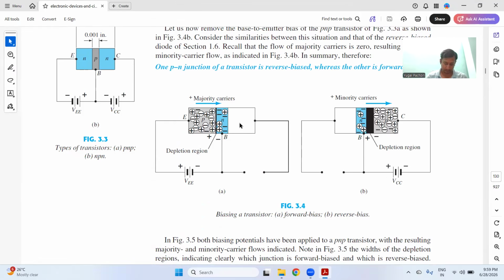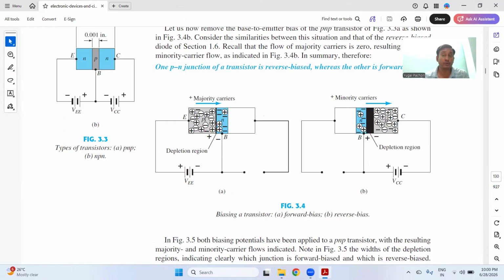If there are 100 holes in the P, they will move from emitter to base. 5% of the holes, for example five holes, get recombined with the electrons, and they form the recombination current, that is the base current. The remaining 95 holes will pass on to the collector, and they will generate the current IC. Here I'm talking about the holes in case of PNP.